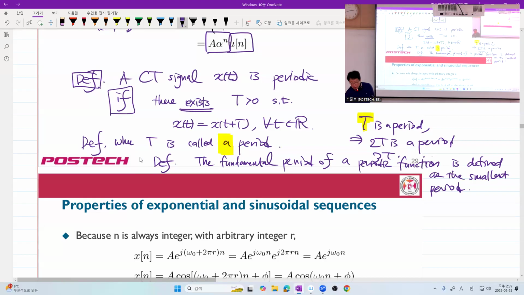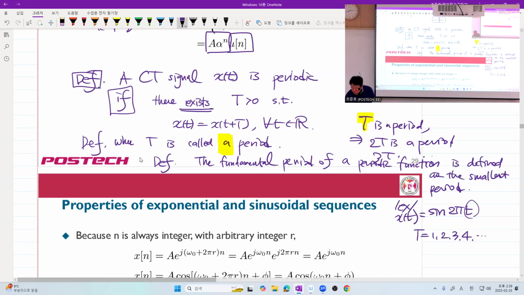So, for example, let's consider sine 2 pi t. We know that any natural number serves as a period, right?